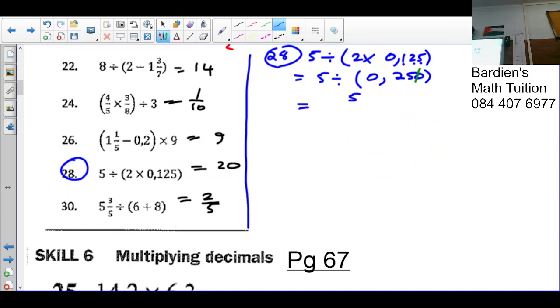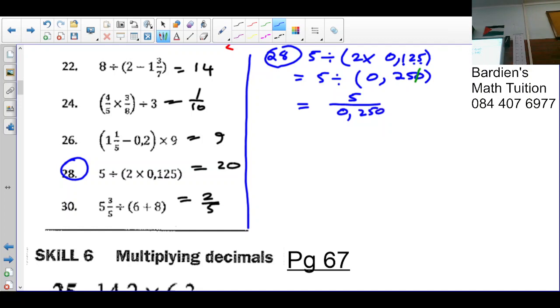So you said 5 divided by 0,250, like that. And now what did you get? 0.5. So how do you get that? I thought it was 0.250 divided by 5.